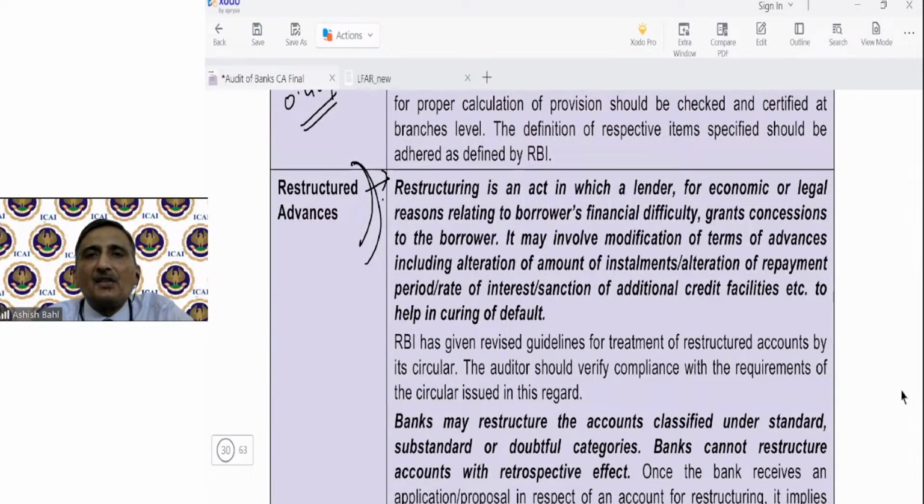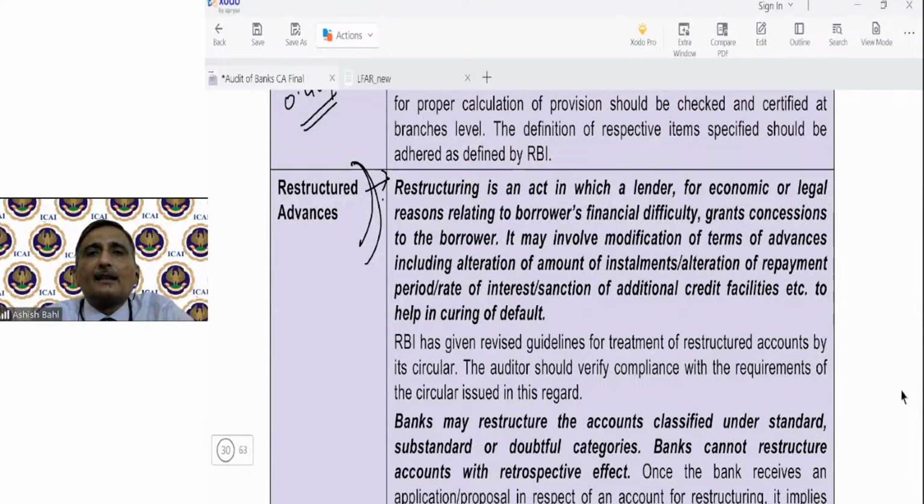It is in financial difficulty, or some payments from the customers which were required to come are not happening, and this position is continuing for a considerable period of time.